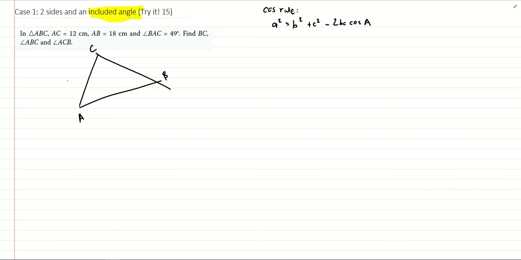So AC equals 12 cm, AB equals 18 cm, angle BAC equals 49 degrees. The first thing we will note is that my 49 degrees is the included angle between the two given lengths.